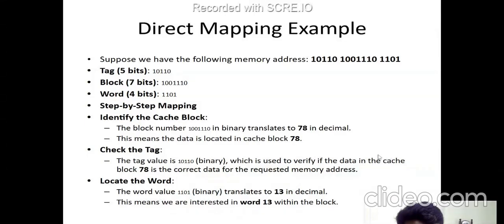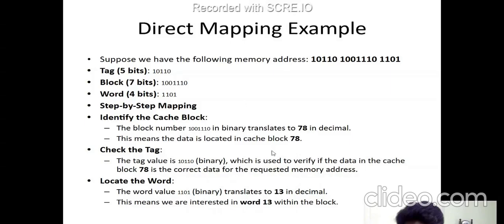If the tag value in line 78 is 10110, then that is our requested data. Again, in that block 78, we have to access the data of the 13th word. The block is divided into 16 words, so we have to access word 13.